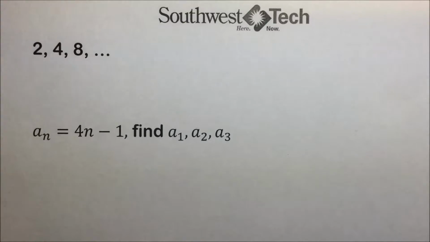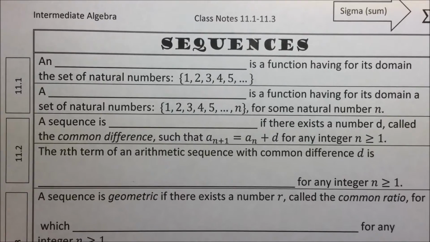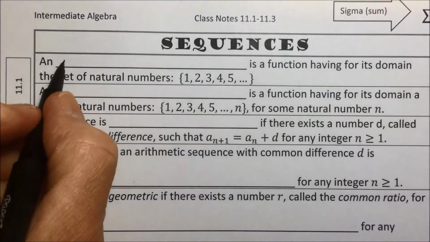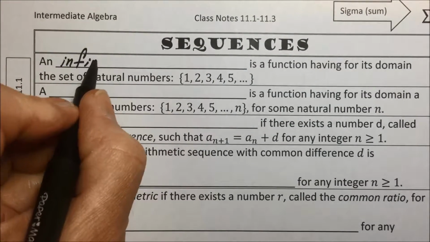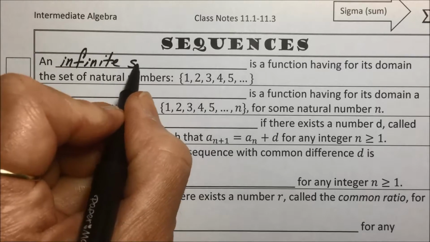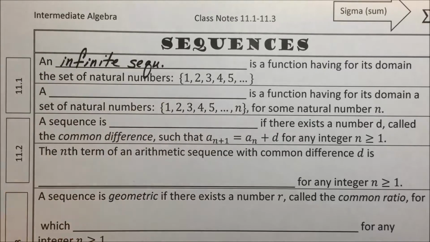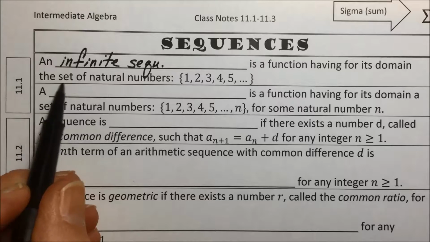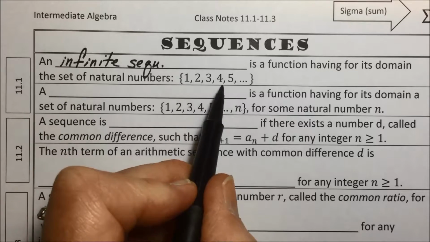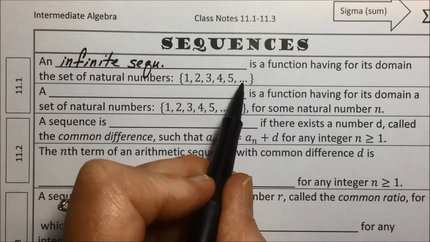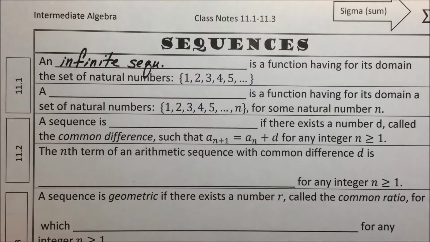And we have some definitions for sequences. There are two types of sequences. The first one is an infinite sequence, which is a function having for its domain a set of natural numbers 1, 2, 3, continuing on with an infinite number of terms.